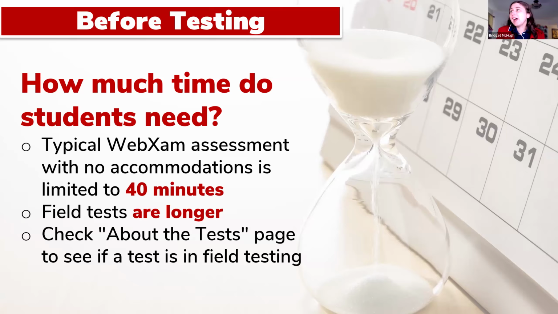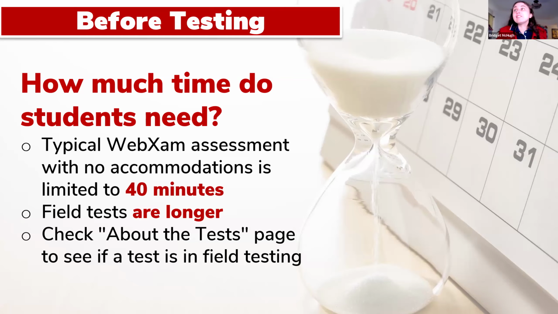We actually can see how much time students take. We have that data, so we know that it is a reasonable amount of time for them to answer all questions and maybe even go through and quickly check their answers once or twice. Granted, that is only for situations with no accommodations. There are several different types of accommodations that give them additional time or even unlimited time.